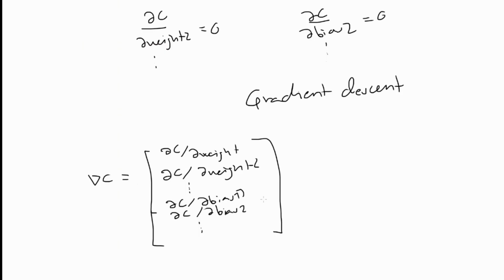Backpropagation is an algorithm which gradient descent employs as a subroutine to efficiently calculate all these derivatives right here. Therefore, our derivation of the backpropagation algorithm will be reduced to finding a generic expression for each of these derivatives. And our strategy will be as follows.